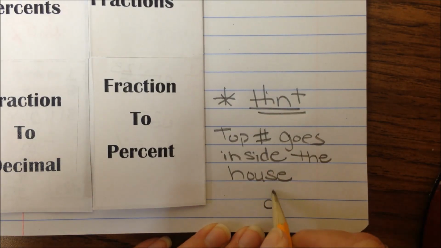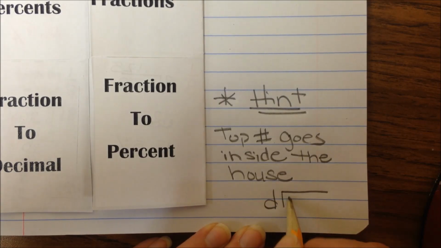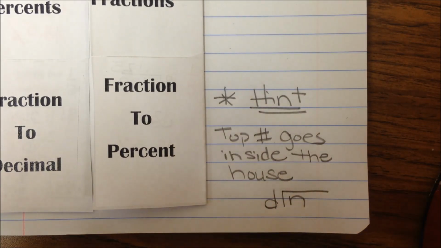So remember, the denominator is always on the outside. The top number, which is your numerator, is always on the inside.